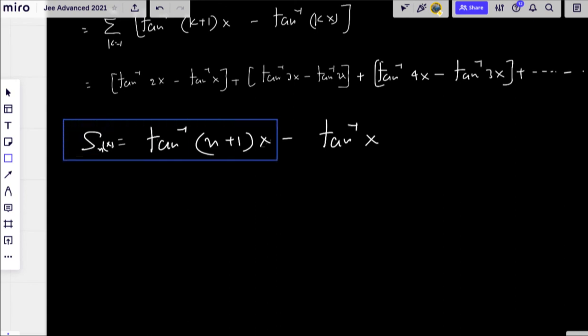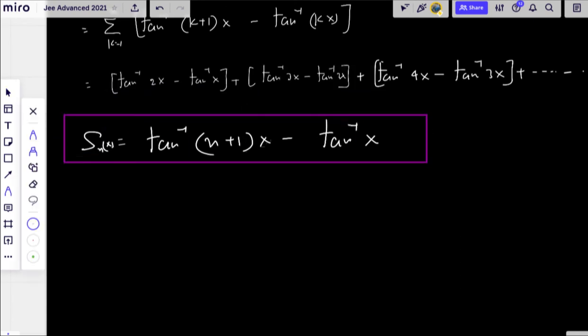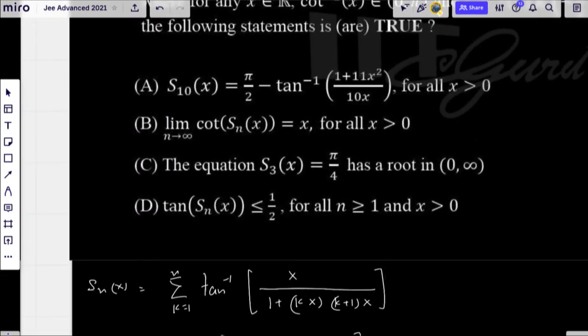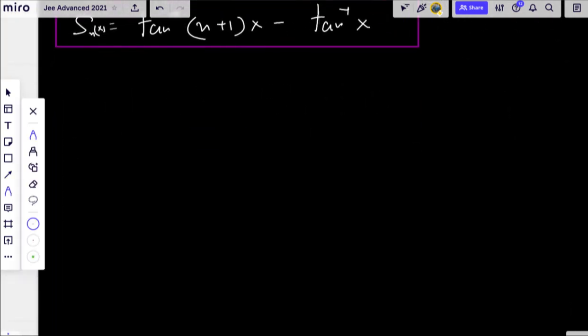So let's see this part. So Sn of x is tan inverse (n+1)x minus tan inverse x, and hence they are asking as first option S10 of x. S10 of x we have to solve. So simply replace this n with 10.